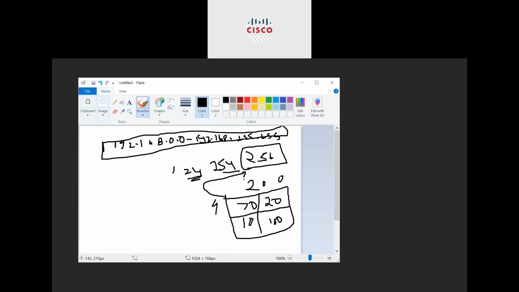So yes, this is okay for this one, it could be 254, another network okay with this, but what about these 10 and 20? For only 10 devices, I'm going to waste a complete class C network, a complete 254 IP addresses. That's not a good idea. That is the wasting of IP addresses. We do not want to waste IP addresses.